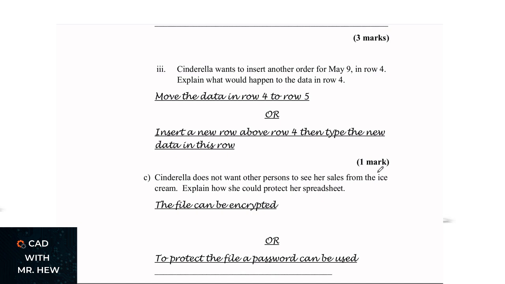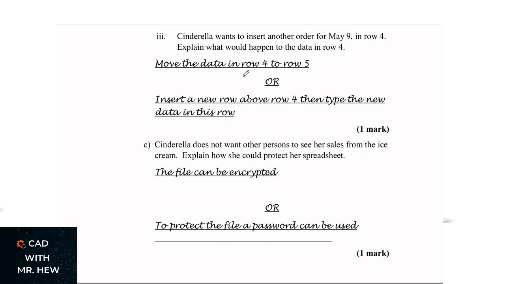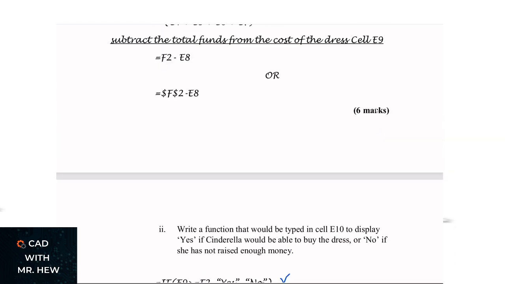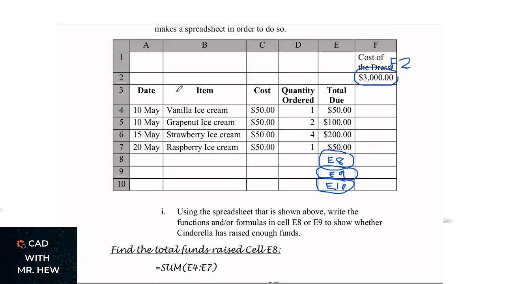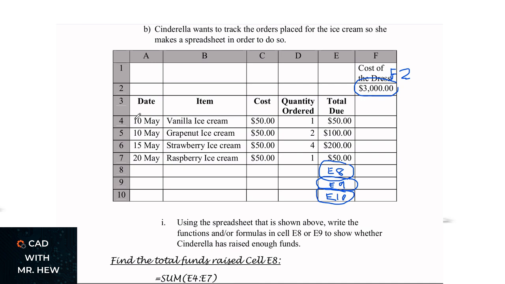All right. Here's another question. She wants to insert another row for May 9 in row 4. Explain what would happen to the data in row 4. So here it is. Here, we want to enter May 9 here.